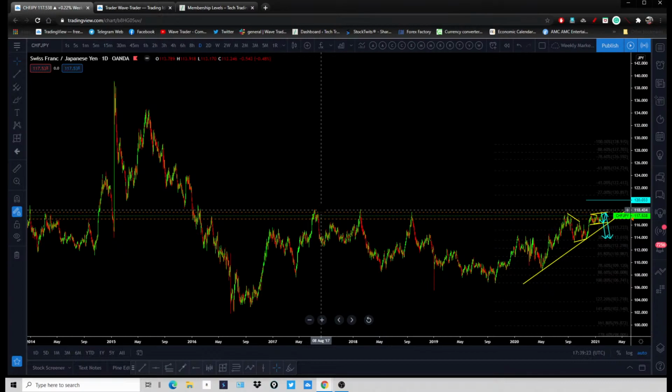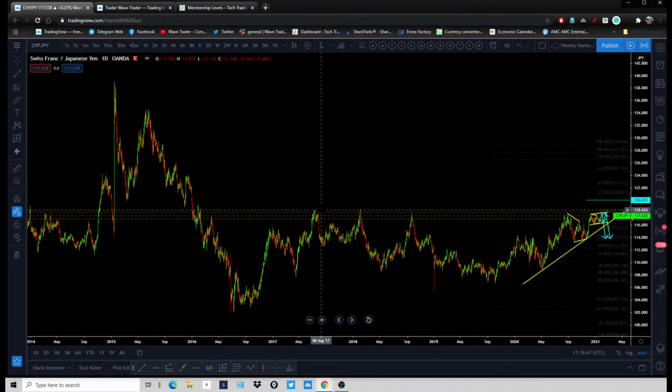There is no guarantee. It increases the odds that price will reverse, because price has been holding that level for the last couple of years.